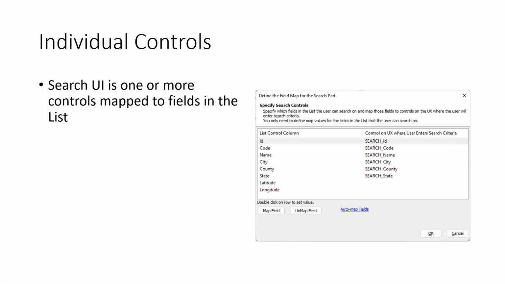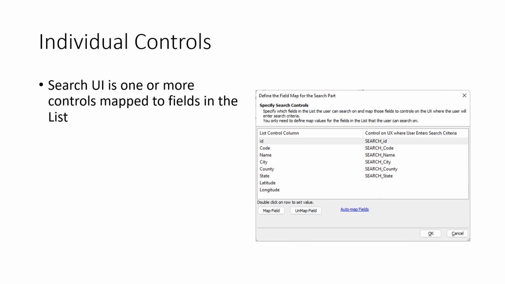With respect to the list control itself, in that list builder on the search part, the three options that we just saw on the previous slide, all the configuration for doing that is built in. So for individual controls, there's a field map that you set up where you can map the list control column to a control in your component.